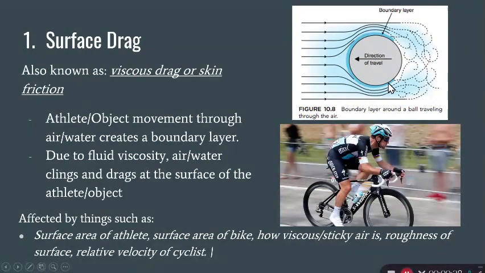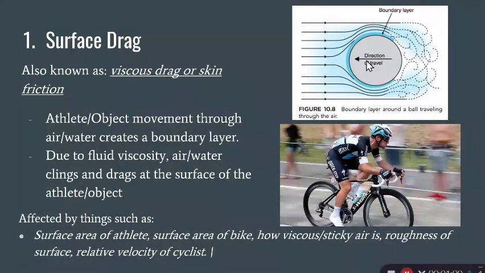Now, there's a certain amount of fluid viscosity, meaning how much does the fluid stick to the specific object, okay? So due to the amount of fluid viscosity, air or the water will cling to that surface and drag at it, okay?